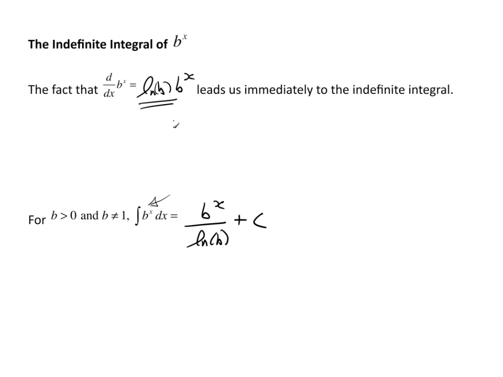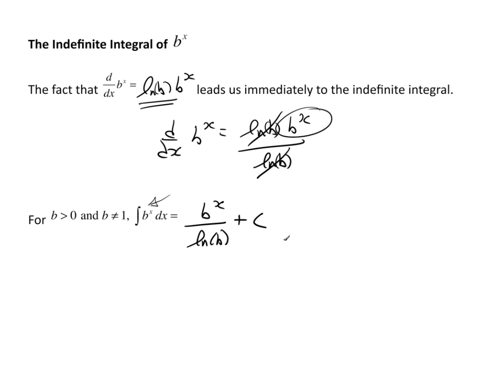So because I know that d/dx of b to the x equals ln b times b to the x, I know I have to divide this by ln b. So these ln b's cancel out, and I end up with just b to the x. That's the reason why I divided down here by ln of b.